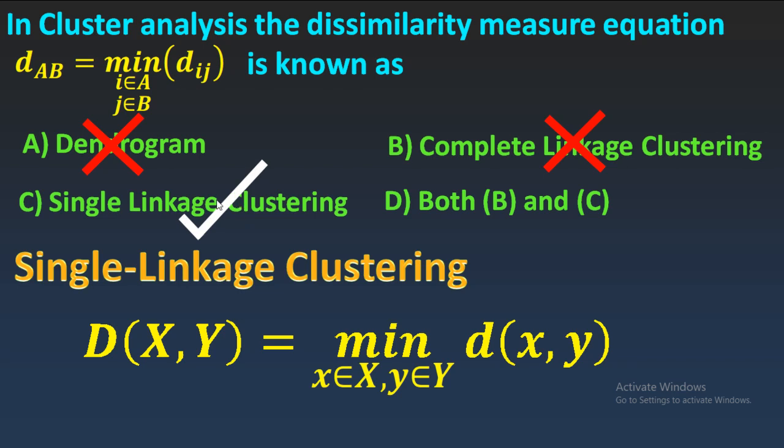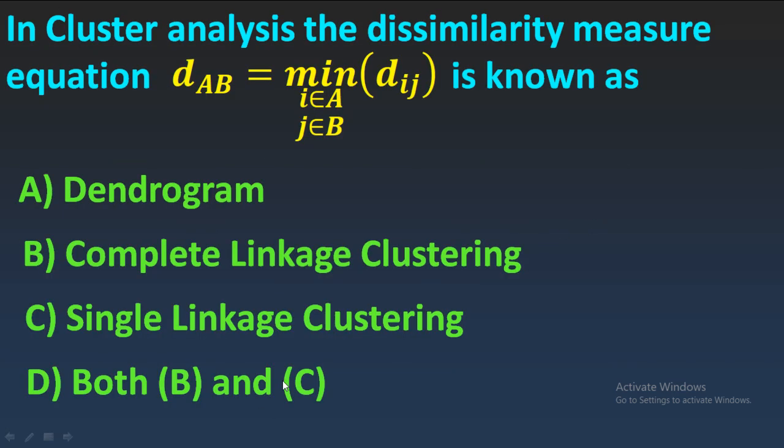C is the right option. Obviously D is wrong because both B and C are not correct. Only C is the right option. So D is also wrong. Which option is the correct option, my dear viewers? C is the right option.